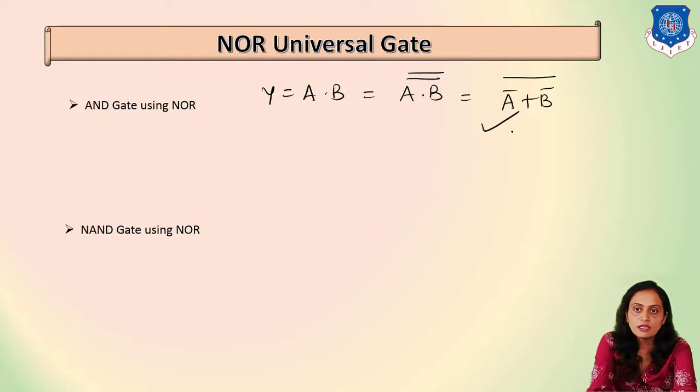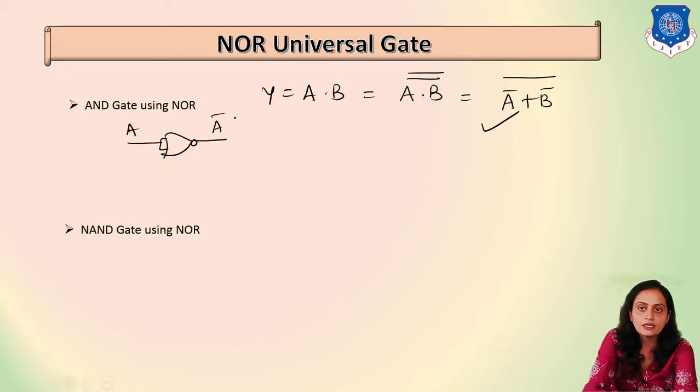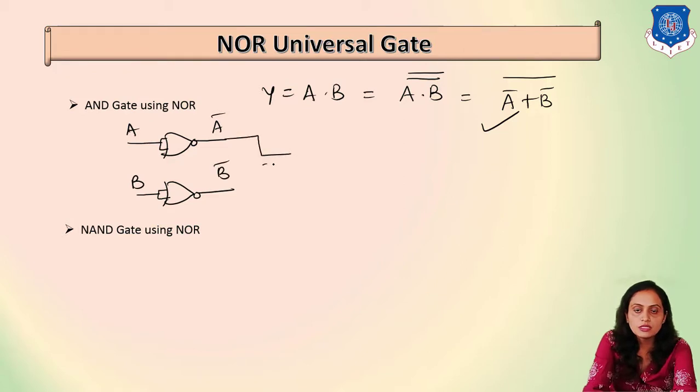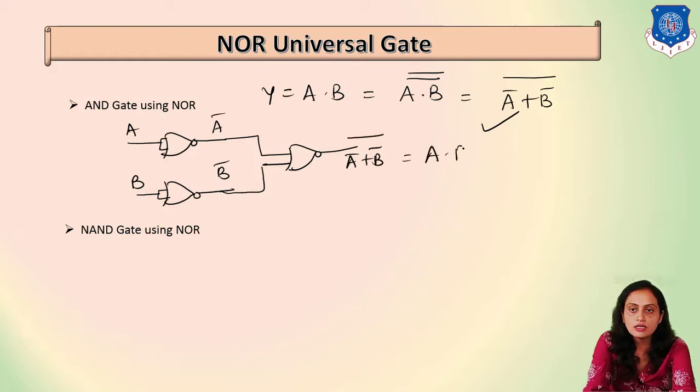First we want A bar, and for that we will use a NOT gate, that is A bar, and then we have B, and this is B bar, and for this A bar and B bar we have NOR operation, that is plus and bar. So this is A bar plus B bar whole bar, and this is nothing but A dot B only.